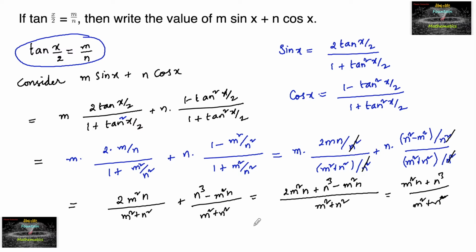So we can take out n common, so we have n times m square plus n square upon m square plus n square. So m square plus n square gets cancelled, and the answer is n. So therefore m times sin x plus n times cos x is n. Okay, thank you.